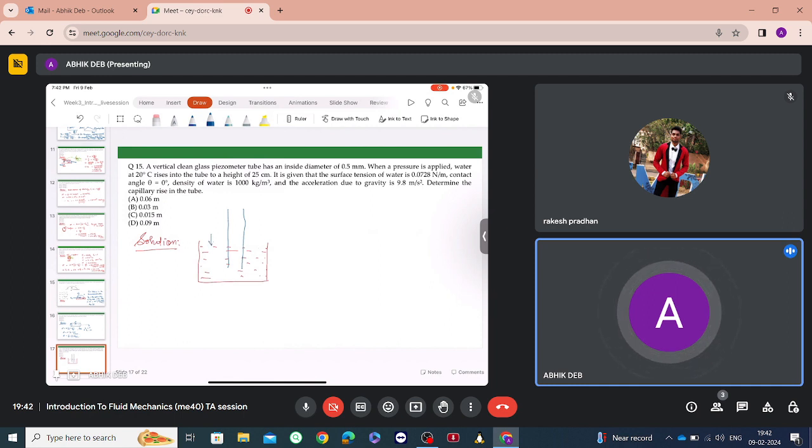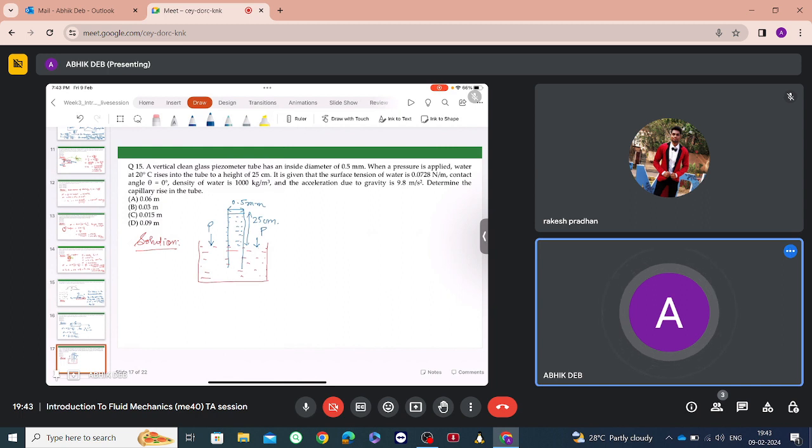There is also a pressure applied here, say this is P, and the liquid rises to a height of 25 centimeters. This rise in the fluid is due to both the applied pressure and the capillary rise. The diameter of the tube is 0.5 millimeters. So first we have to determine what is the capillary rise in the tube.